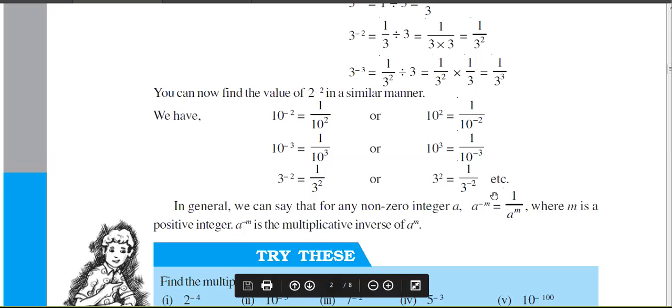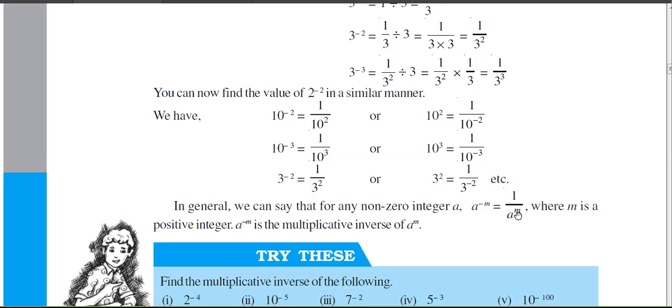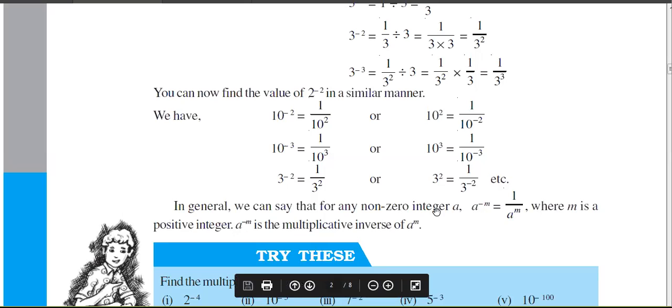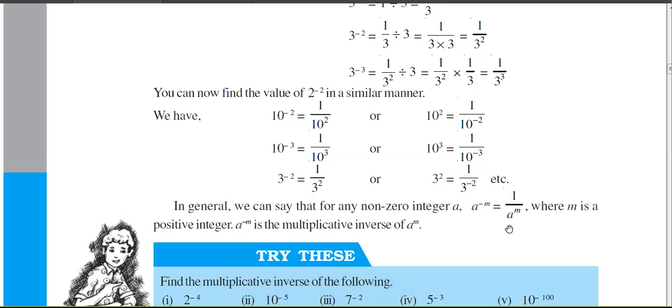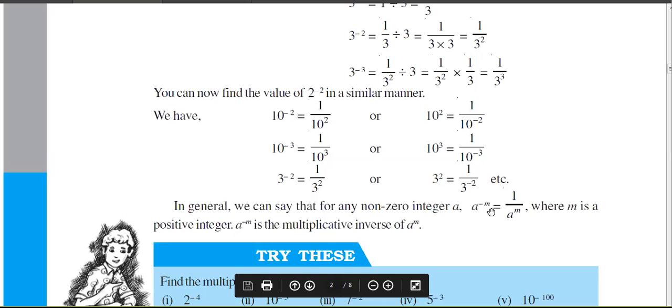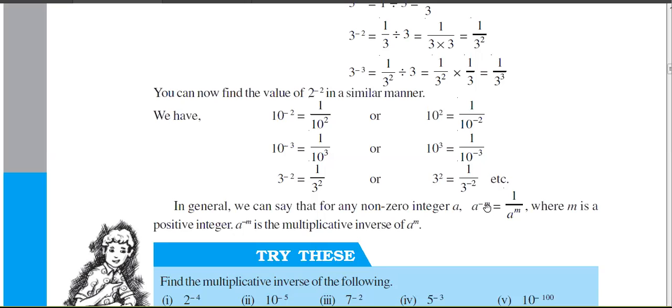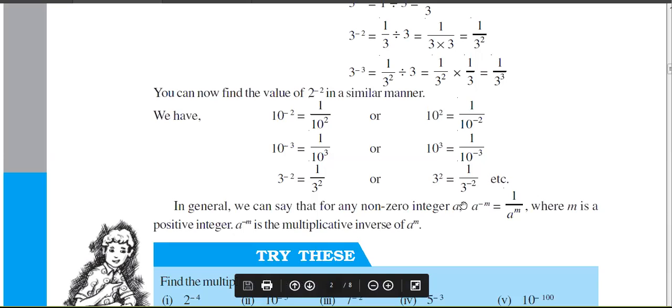Minus m means negative, m positive. So we can write A raised to the power minus m equal to 1 by A raised to the power m for any non-zero integer A and m being a positive integer. We can always write like this.